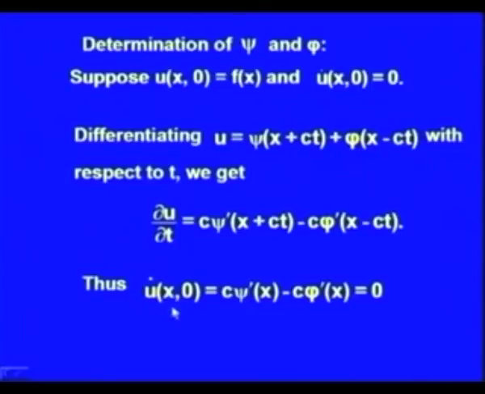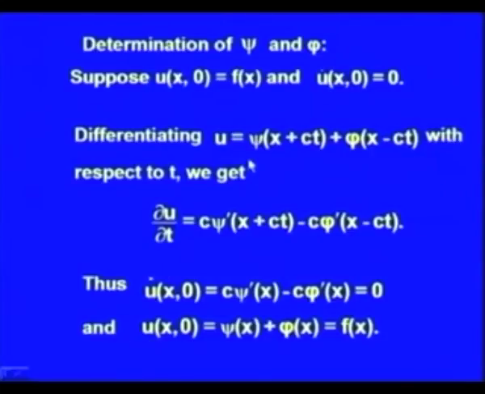Thus, when you put here t equal to 0, what you get? Delta u over delta t at t equal to 0 gives you u dot x 0. U dot x 0 will be equal to c times psi dash x minus c times phi dash x, and we are given that u dot x 0 is equal to 0, this condition. So, u dot x 0 equal to 0 gives you c times psi dash x minus c times phi dash x equal to 0.